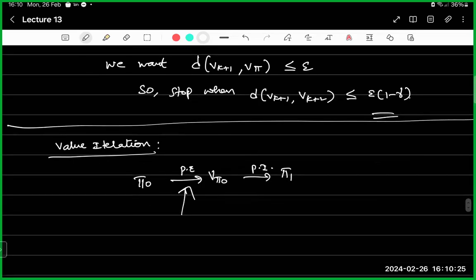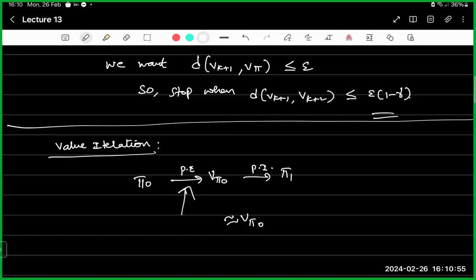So let's say I don't want to run for this many iterations. I'll just run for one iteration. I'll start with some arbitrary v naught, I'll just apply F pi once, and then whatever v I get, I'll just improve the policy with that. So I'll run policy evaluation only for one iteration, and I'll get some approximation for my v pi naught because it's run only once.